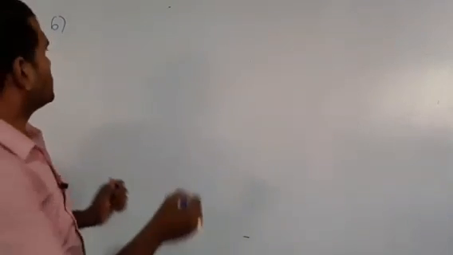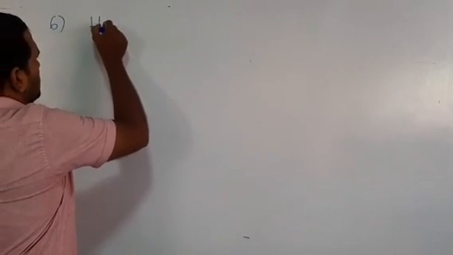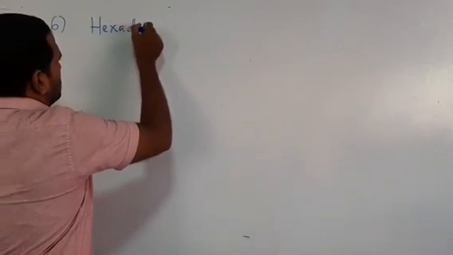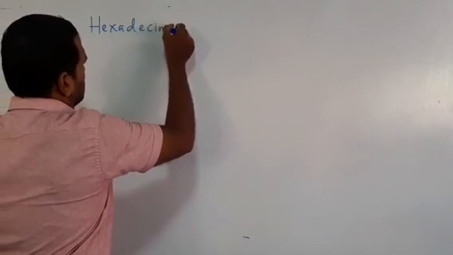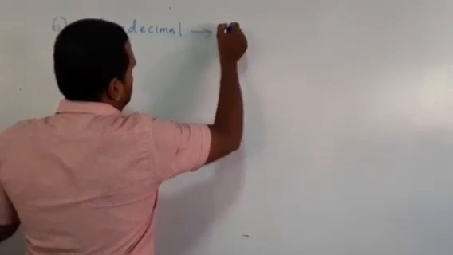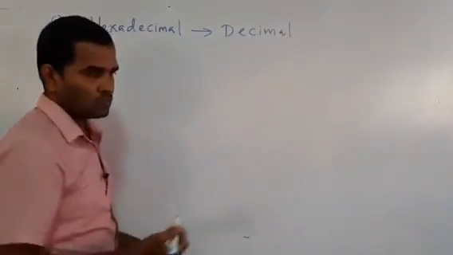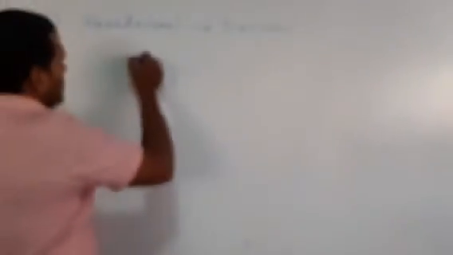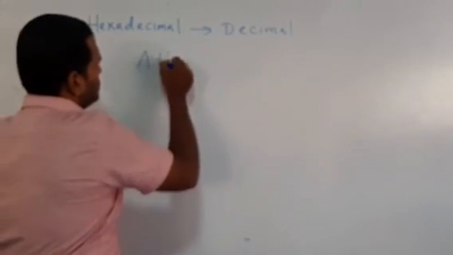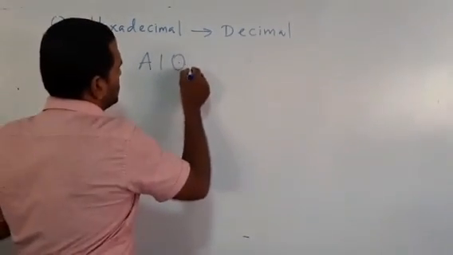This is number 6. Let's convert a hexadecimal number into decimal. So let's take a hexadecimal number, A10 base 16.